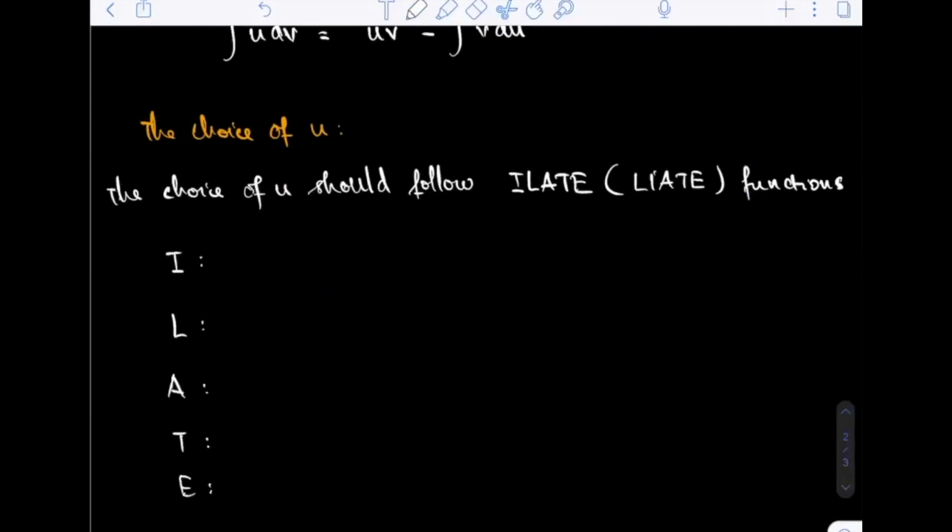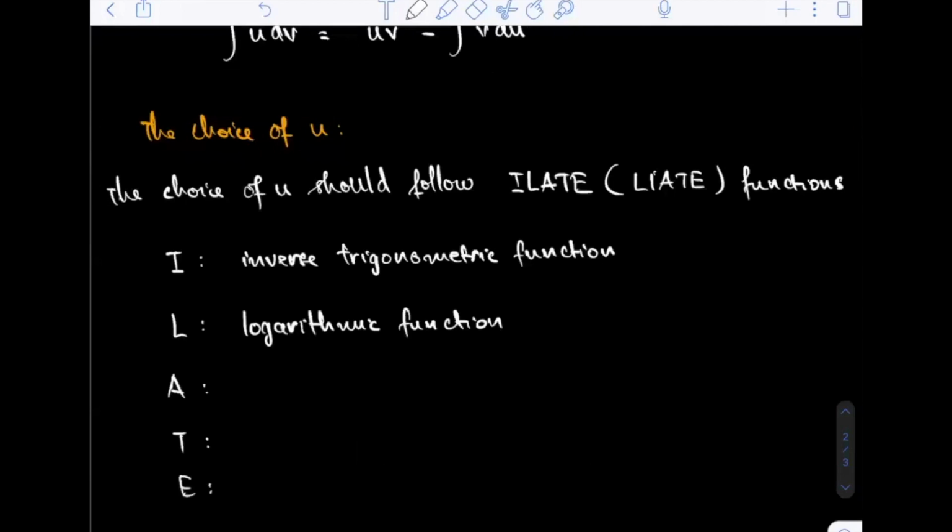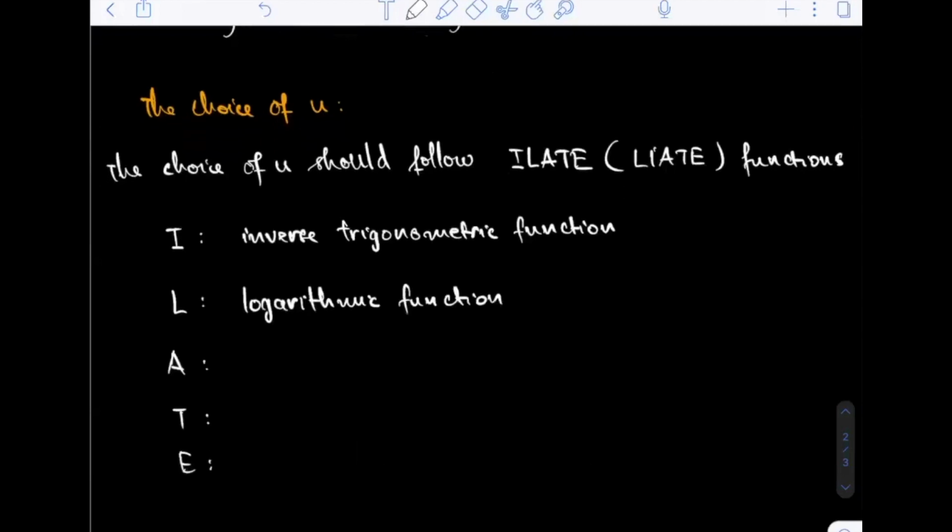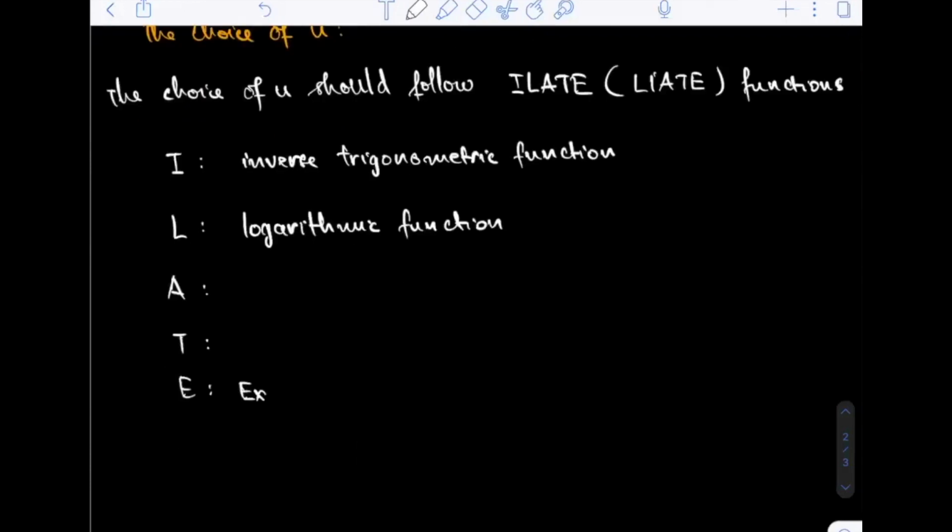Let me start out with I. I is for inverse trigonometric functions. What about L? Logarithmic functions. What about A? What about T? And what about E? E is for exponential functions. What about A and T?